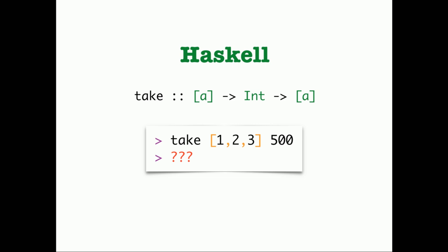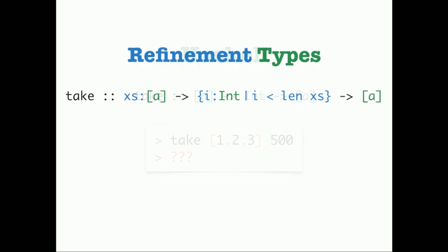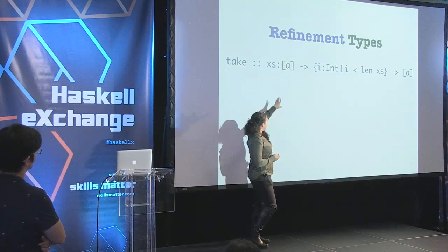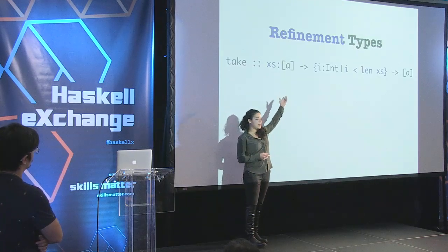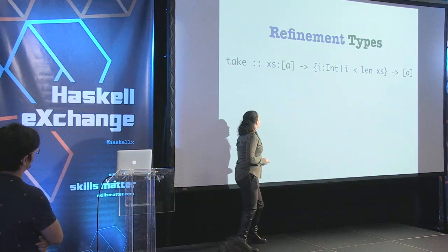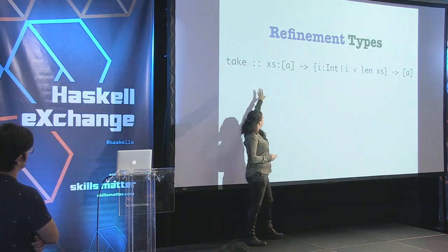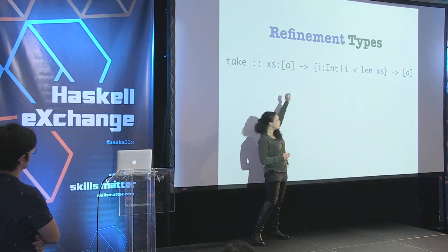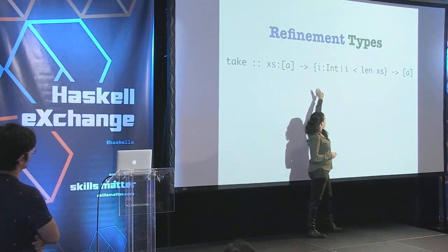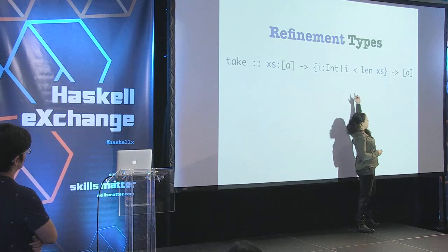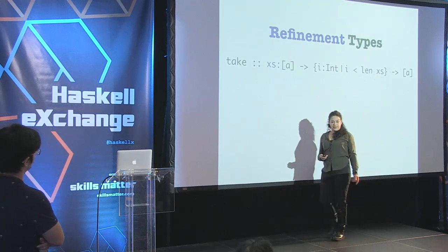So to deal with this non-specified behavior, I'm going to take the Haskell type of take, and I'm going to extend it with refinement types. So basically, I keep the Haskell type, and I put this blue logic inside the type. And now I have a refinement type for take that says take takes as input a list xs, and then a Haskell integer I. But also I use this logic to say that I is always less than the length of xs.